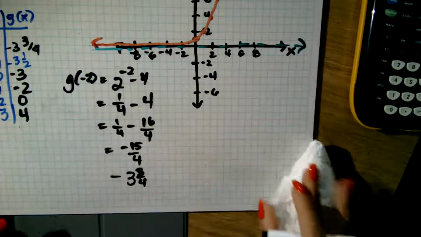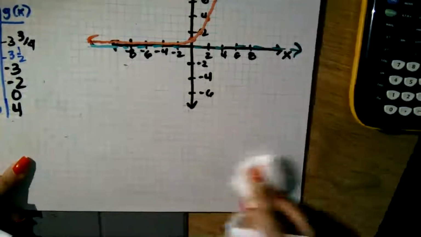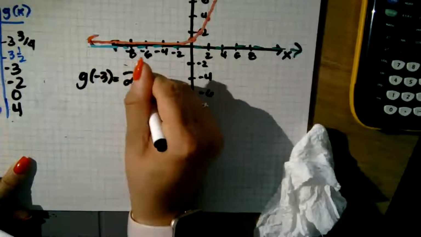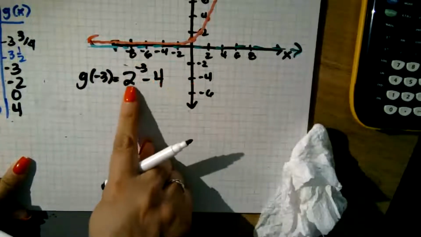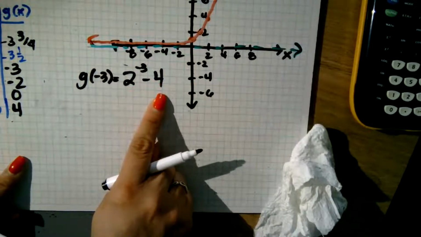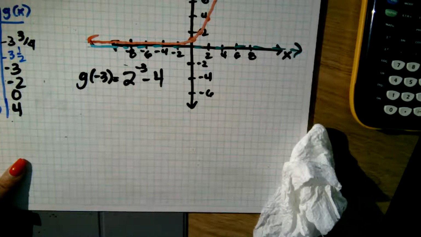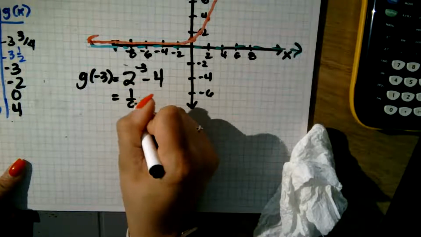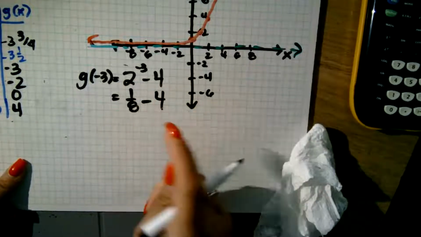Moving on to g of negative 3 gives me 2 to the negative 3 minus 4. Remember, this guy's positive and this guy's negative, so my answer is going to be negative since this guy is a larger value than this guy. So I have 1/8 take away 4.